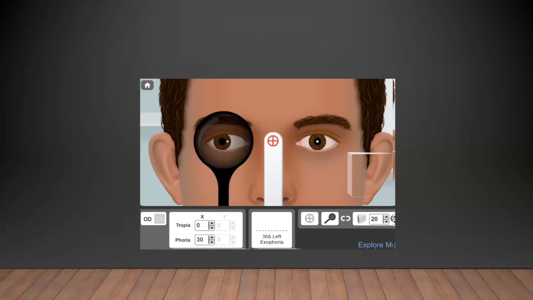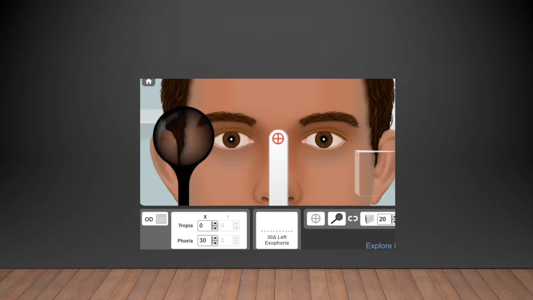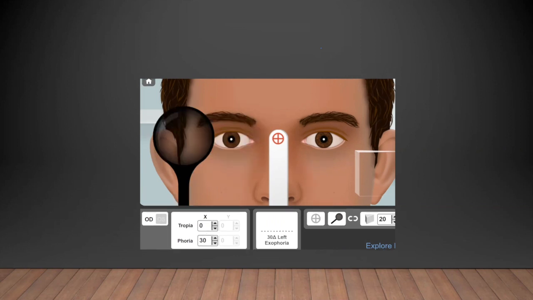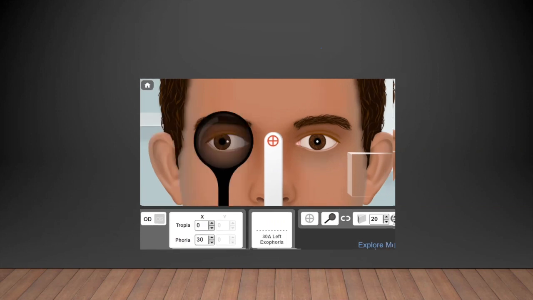Now on covering the right eye for a centrally fixing eye, under this translucent occluder, you are seeing what's happening to the right eye. Someone, what's happening to the right eye?